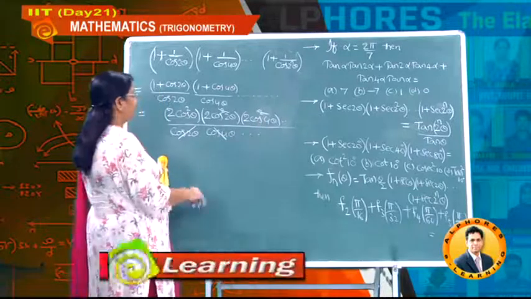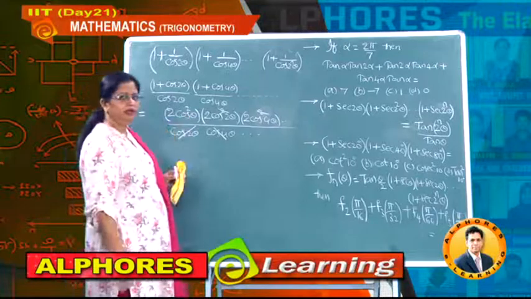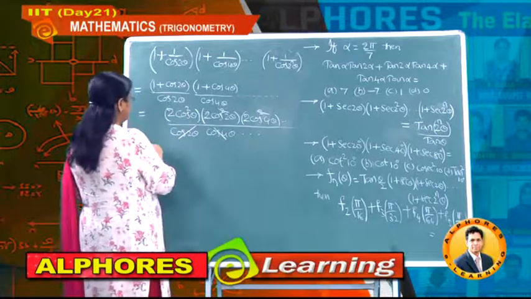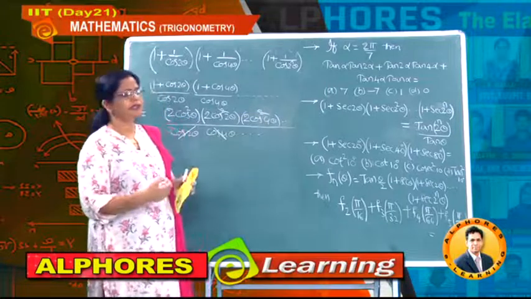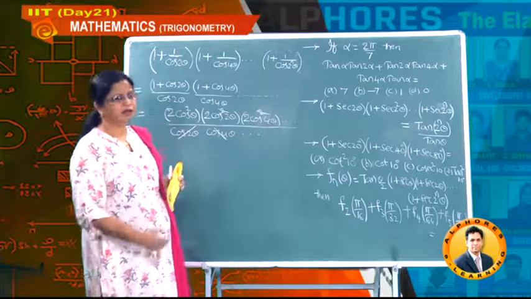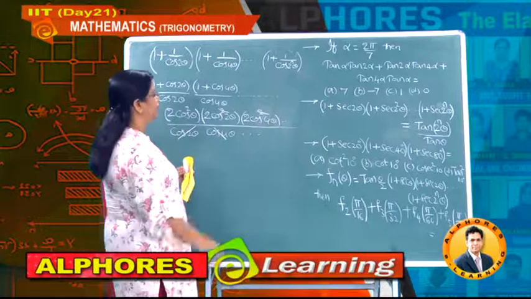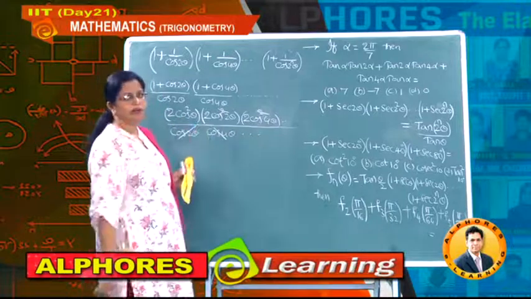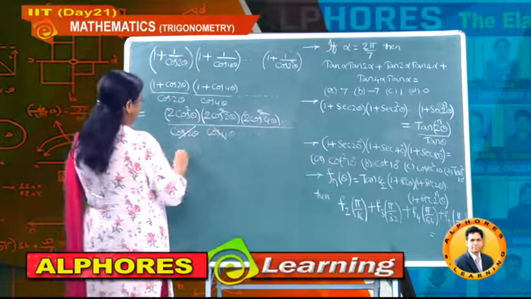Then again, observe that for this one you are not getting any other coefficients. So the answer is in terms of tan, and definitely you have to bring in a sine value also. Now I am multiplying and dividing by sine; you already know the formula, so let us substitute.